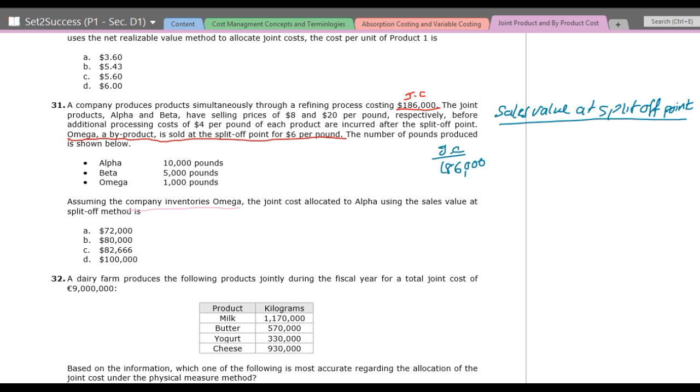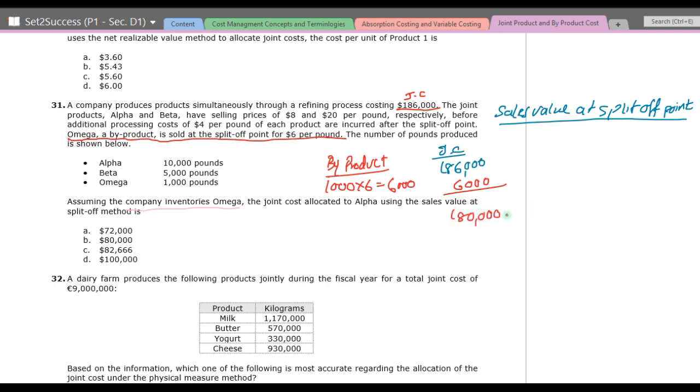If the company has inventoried omega, this means omega, a byproduct, is sold at the split-off point at $6 per pound. So the omega sales value must be deducted from the joint cost. The byproduct, which is 1,000 into 6, comes to 6,000, must be deducted from the joint cost before allocation. So the joint cost to be allocated to alpha and beta is 180,000.